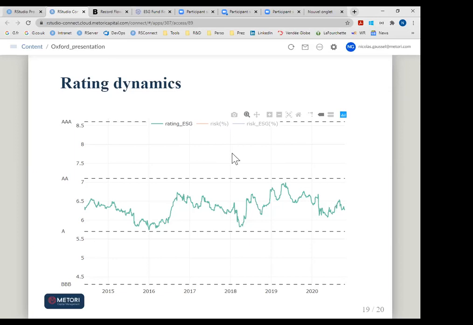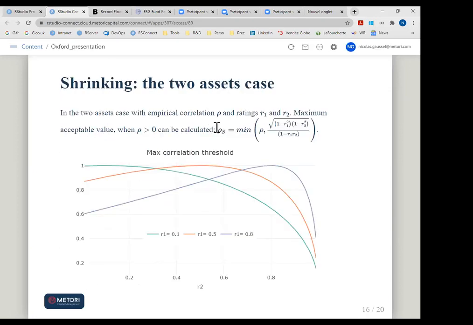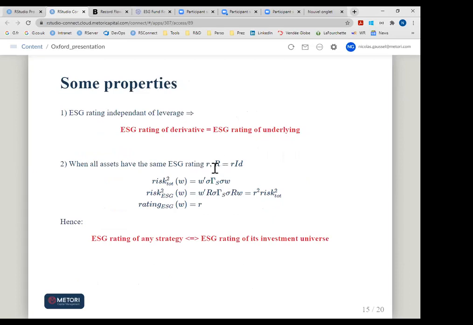What we do here is that we take this R as given. We just say that we observe the individual risk as measured by external providers. And our question is just how can we aggregate them in a consistent manner, whatever the position of the portfolio, which can vary a lot. So this R matrix here is an input of our model.